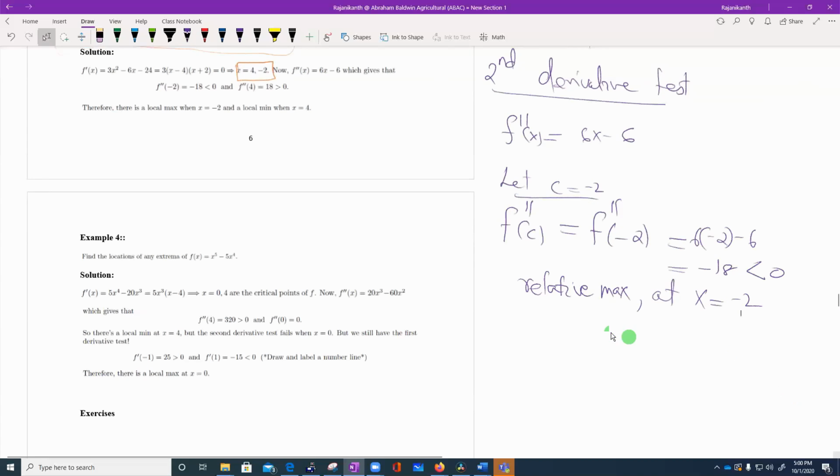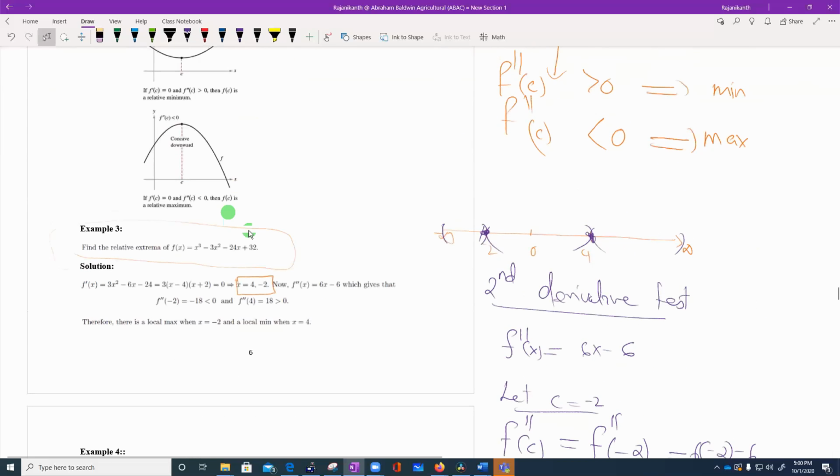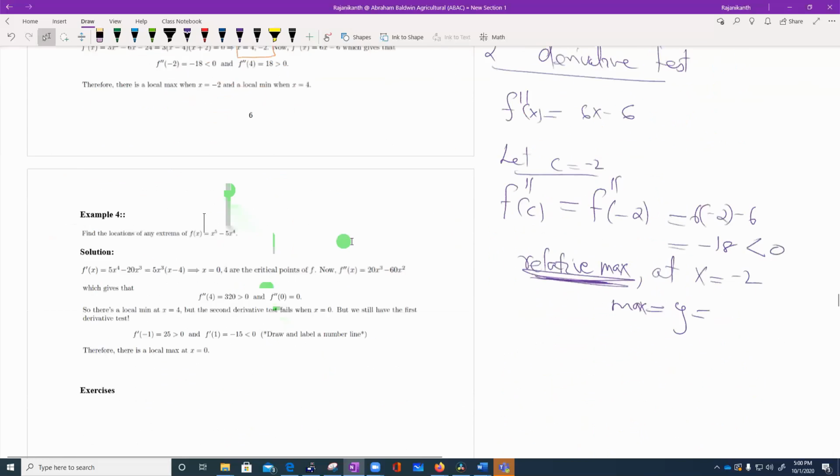But how do you find the function value? What was the maximum value? To find the maximum value, you have to use the function value, right? Simply plug this critical value into the original function. This is our original function, no confusion. Use the original function and plug that value in.